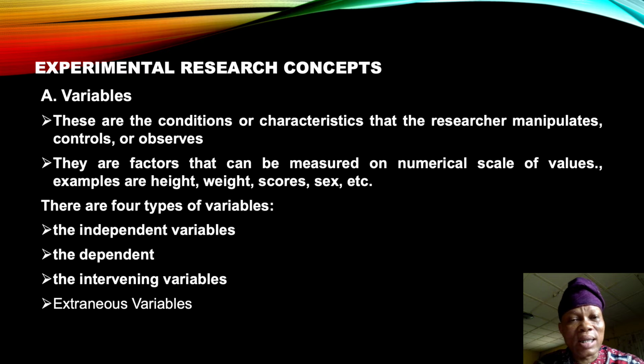For instance, in the example we have given, the effect of laboratory method on student academic achievement, we compared it with the conventional lecture method. You are looking at the effect of the method of teaching.